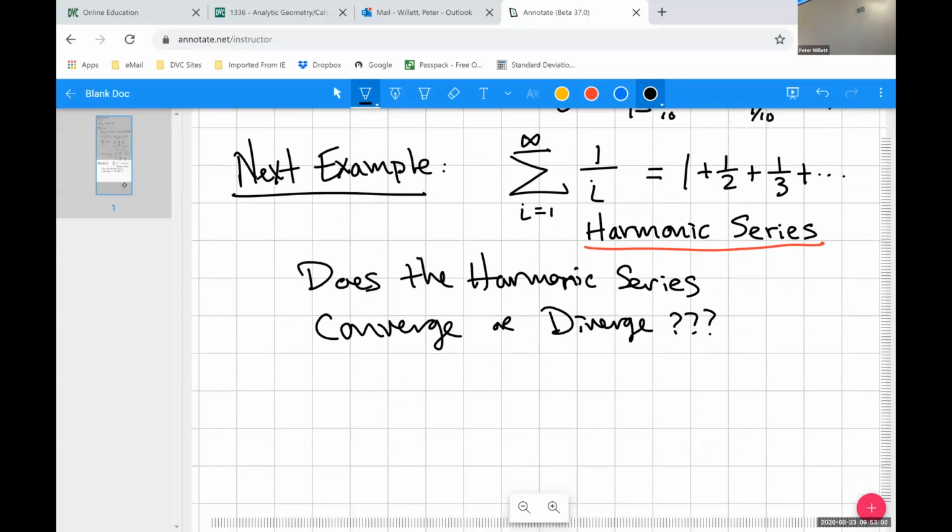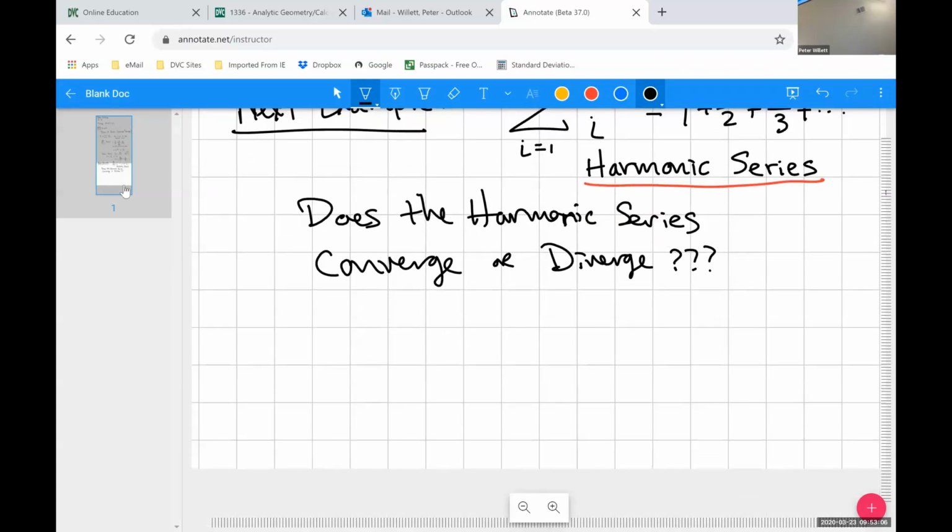All right, so to help, I'm going to make an analytical argument here because we don't have any other tools we can really use yet.